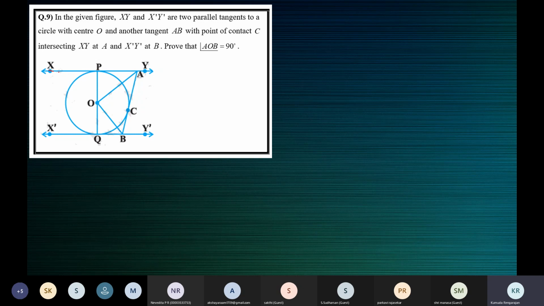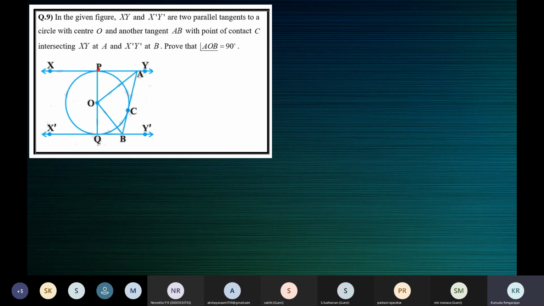It's given that xy is a tangent, x dash y dash is a tangent, P point of contact, Q point of contact. You will say it's given here, but that's also a property. When you join PQ, it will pass through O and PQ will be the diameter to the circle.